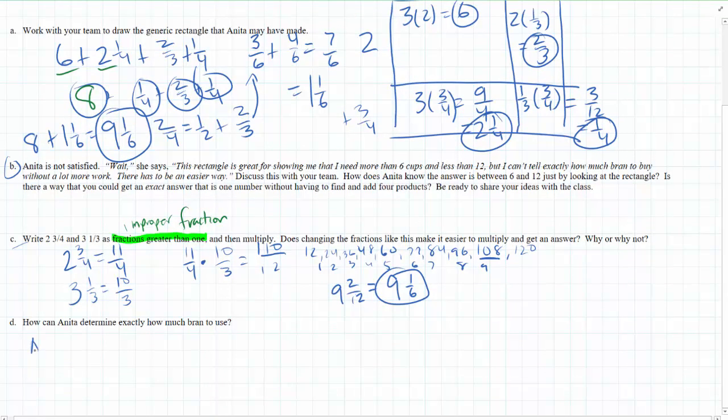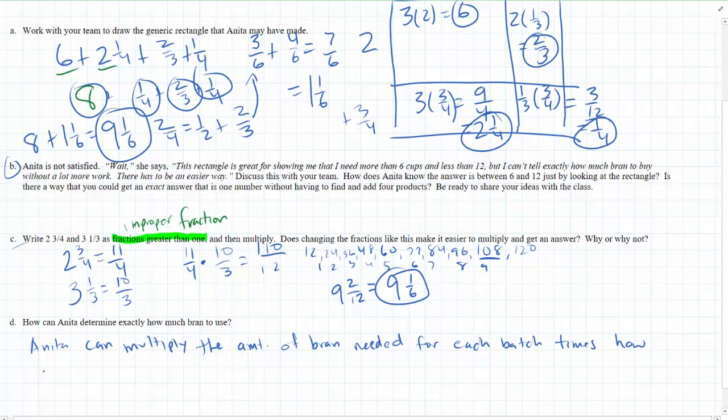So Anita can multiply the amount of bran needed for each batch times how many batches she needs.